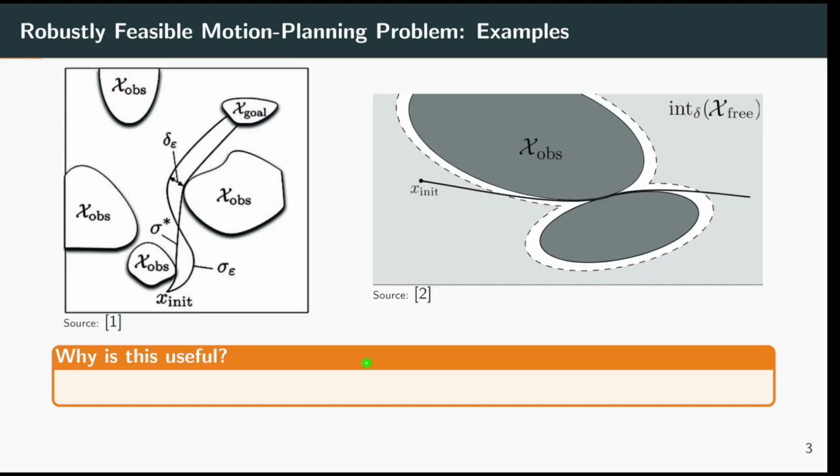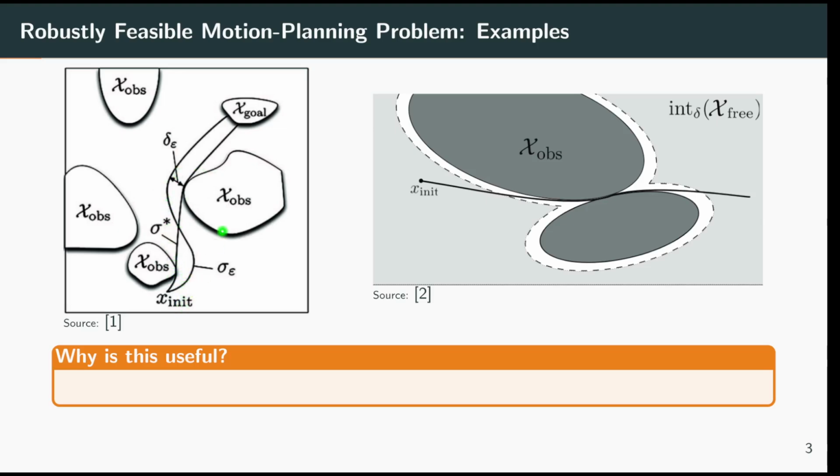So maybe let's also look at a picture here. We have this funny 2D case with obstacles. We have a start configuration and a goal region. And then the optimal solution in this example is this one. It's a bit hard to see.